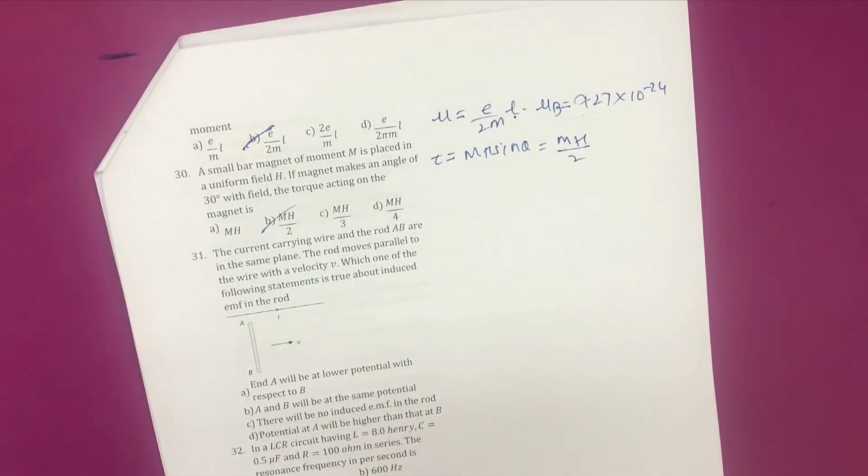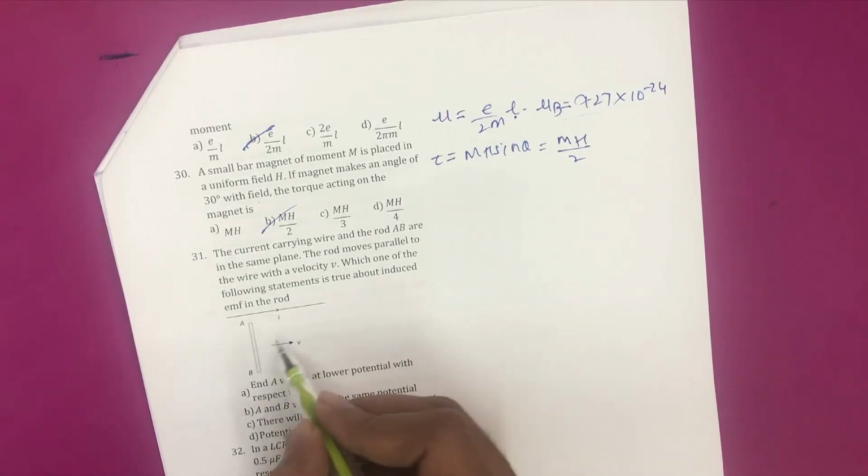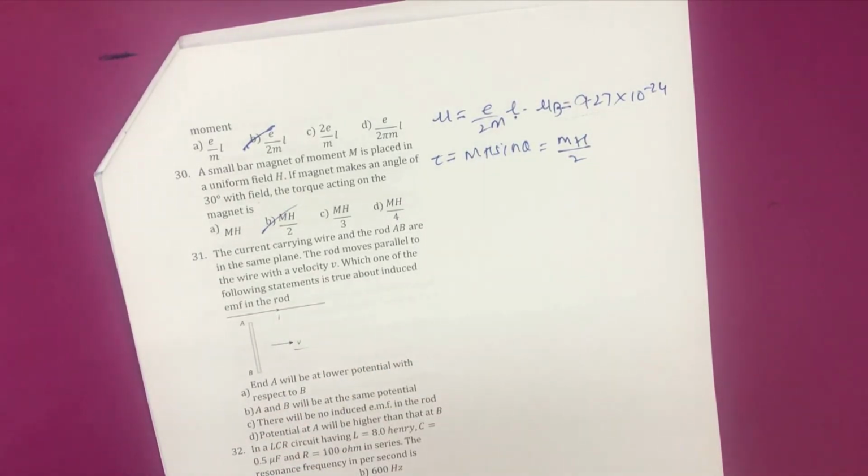Question 31. The current carrying wire and the rod AB are in the same plane. The rod moves parallel to the wire with a velocity v. Which one of the following statements is true about induced EMF in the rod? So this is the rod, this is the wire, and the rod is moving in the same direction as the current with a velocity v.